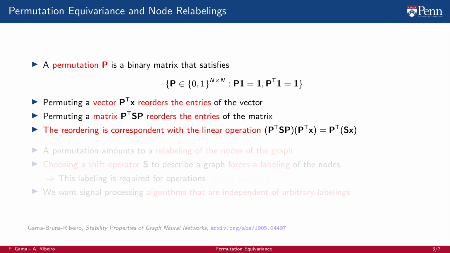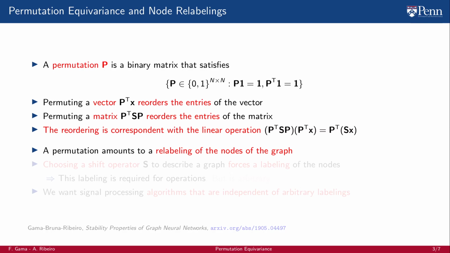That is, applying the permuted matrix P transpose S P to the permuted vector P transpose x is the same as applying the original matrix to the original vector first, that is, Sx, and permuting later, that is, multiplying by P transpose.